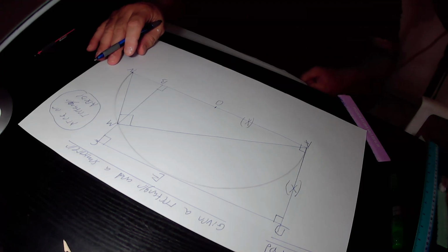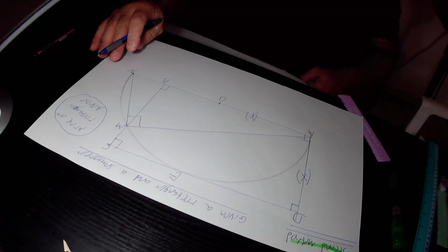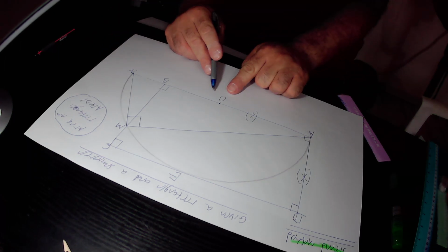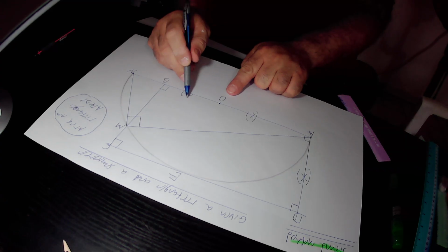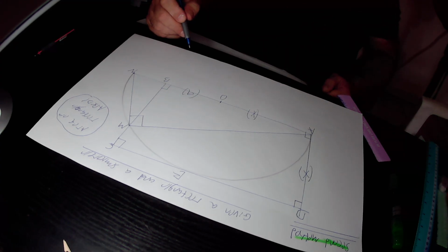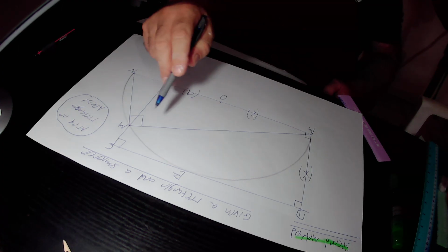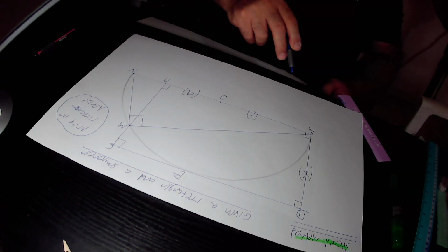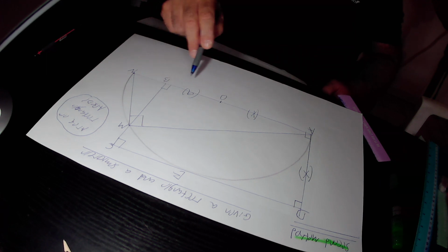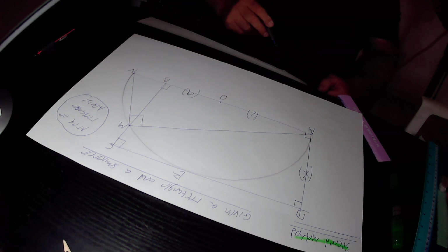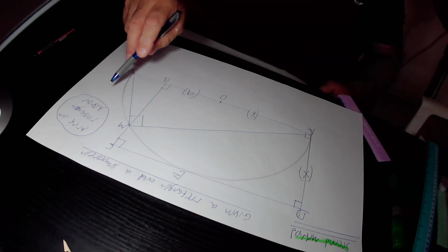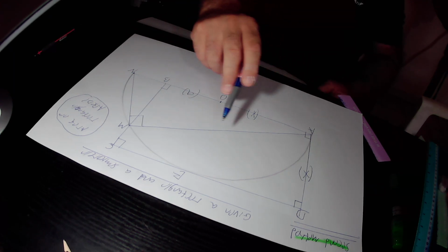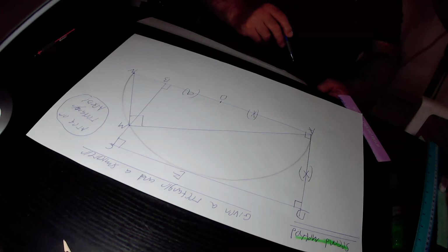In the next step, we'll define line segment OB. This is line segment OB. And in the next step we'll prove that the right triangle AMN is similar to the right triangle AMB according to the angle similarity rule.